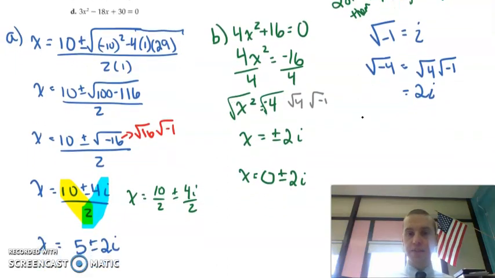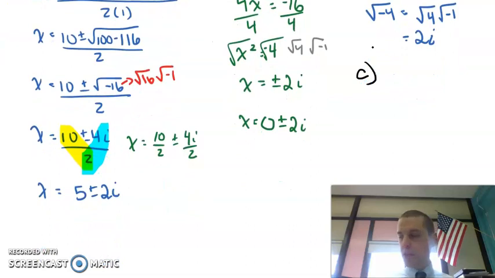Let's move on to C. For C, you get x squared minus 4x plus 13 equals 0.